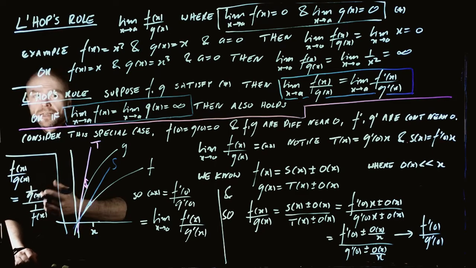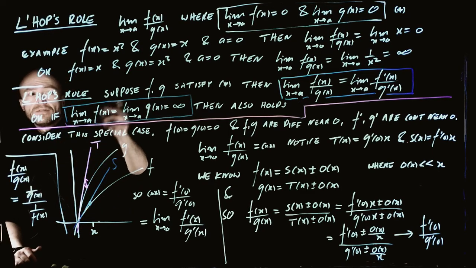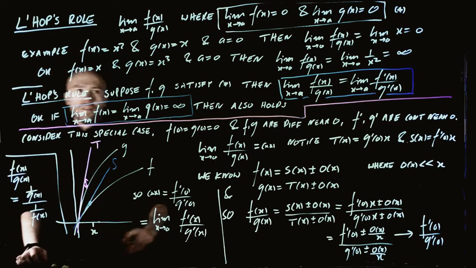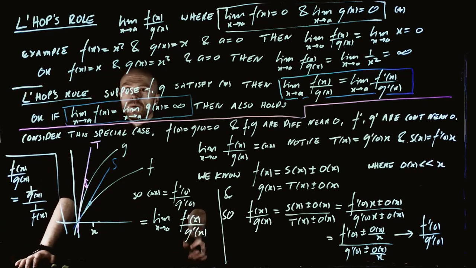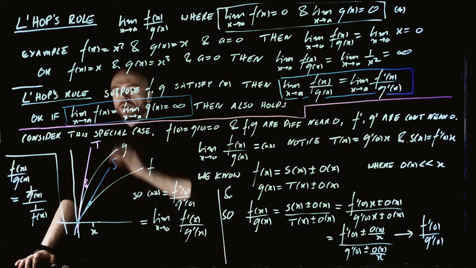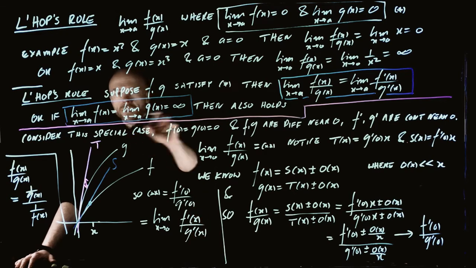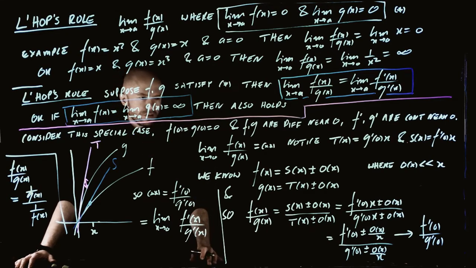And if the limit as x tends to a of f is infinity, then 1 over f is going to tend to 0, and 1 over g is going to tend to 0. So we're going to have the situation 0 over 0 in this case too. Essentially because of that, it shouldn't be a surprise that we can deal with this case too. It can be reduced to the previous case. So that is L'Hopital's rule.